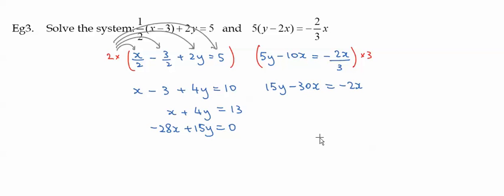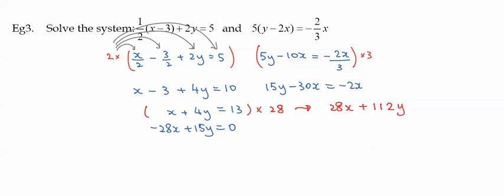X? If you want to eliminate the x, what would you multiply? 28. When I times it by 28, we will end up with 28x plus, use your calculator, 28 times 4. 116? 112?